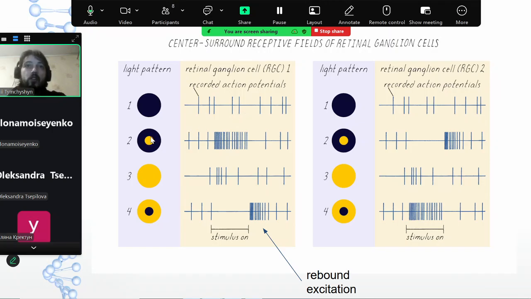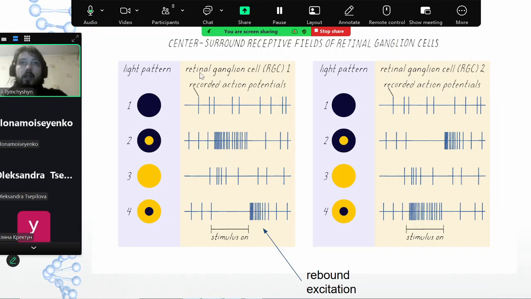When we have light shining in the center and no light surrounding it, we have a large burst in the firing of action potentials. When everything is lit, some action potentials are fired, but not many. And in the fourth case, when we don't have any light in the center but the surrounding is lit, we have no action potentials fired during the stimulus.